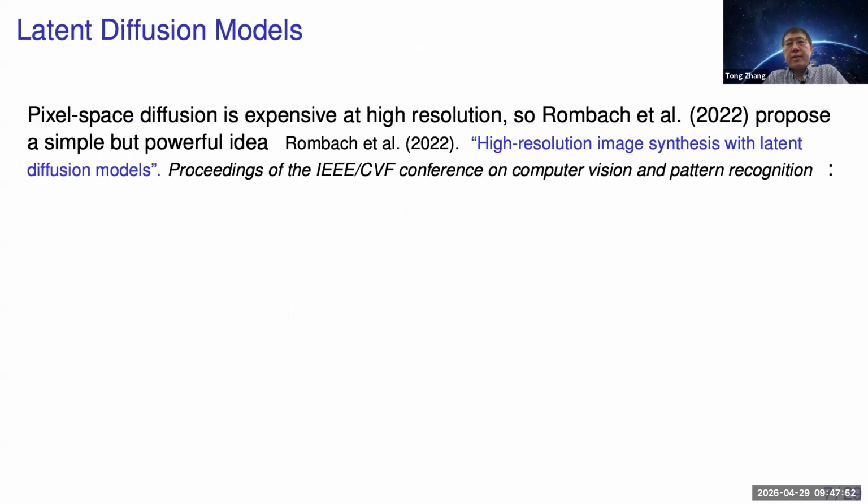So let's talk about latent diffusion. This, again, is a simple idea. I think this paper has two things in it. One is this simple idea about doing diffusion in the latent space, which saves compute.